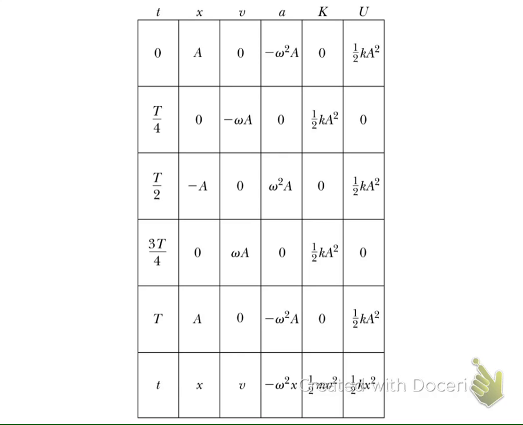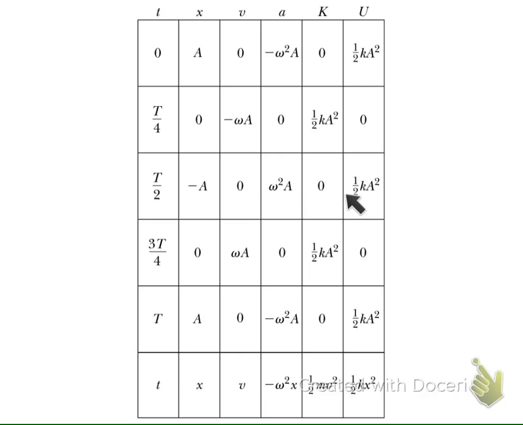And when the object moves to the maximum displacement again, but on the left of the equilibrium point, the time is half of the period. Velocity becomes 0 again. Acceleration is positive, plus omega squared A, because now the acceleration points to the right, which we define as the positive direction.